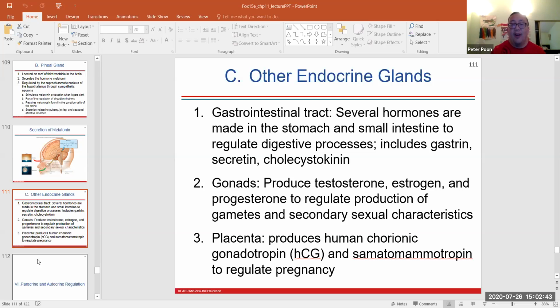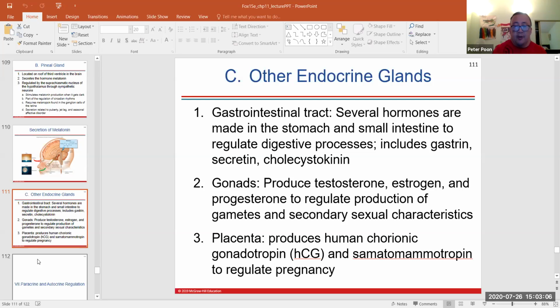Testosterone causes male effects, estrogen female effects, and progesterone causes effects for gestation. It causes the uterus not to contract and therefore helps maintain the embryo if there is one.